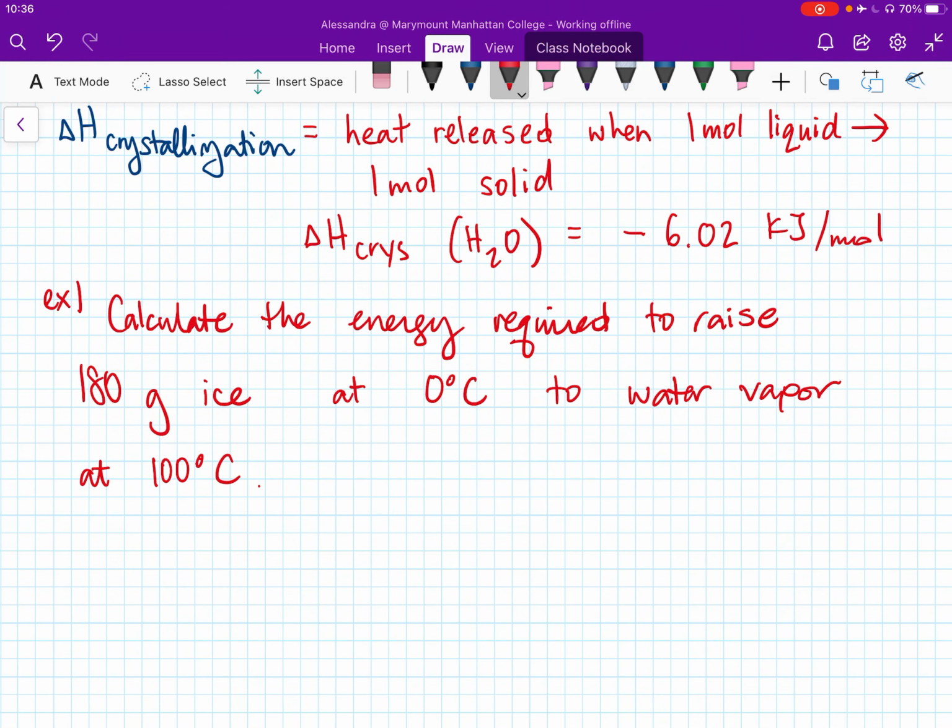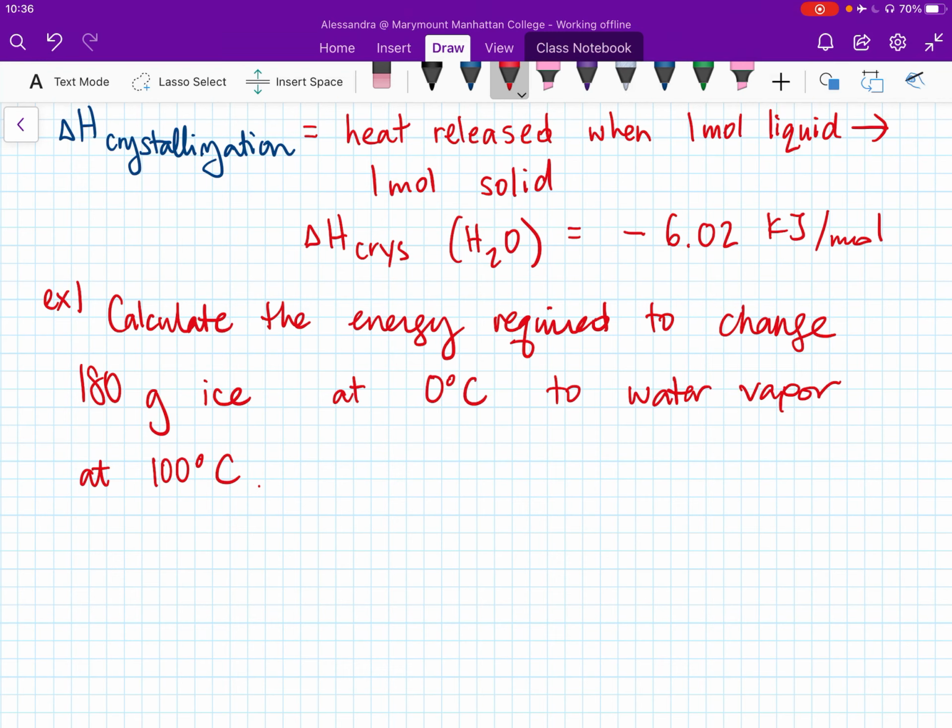So can you calculate the total amount of energy that's required to raise 180 grams of ice at 0 degrees Celsius to water vapor at 100 degrees Celsius? Now, let me change that a little bit. I'm going to say instead of to raise it, to change it, because it's not just raising a temperature. We're also undergoing phase transitions here. So there are many things to think about.